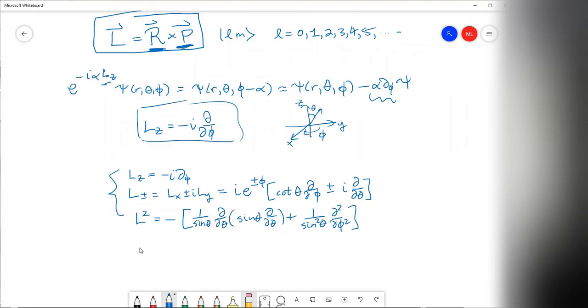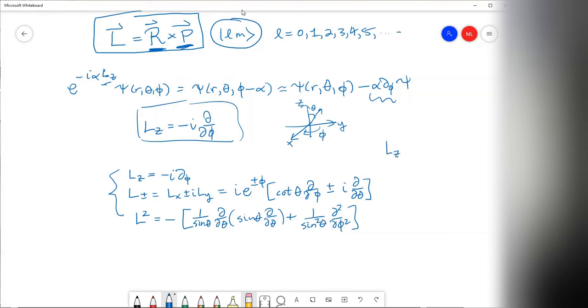You'll show this, but these expressions are not so important. What's important is what I told you about these operators last time: how they raise and lower the actual eigenstates. Everything else is the same.